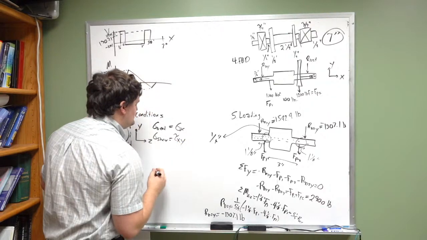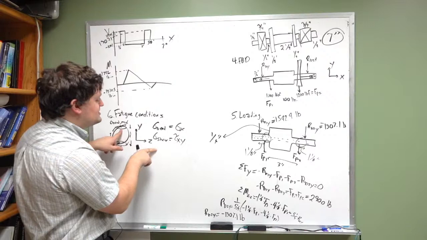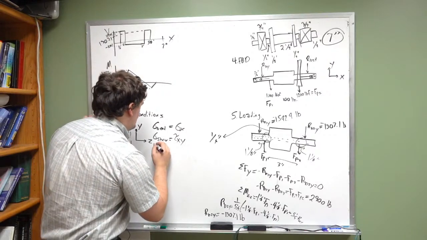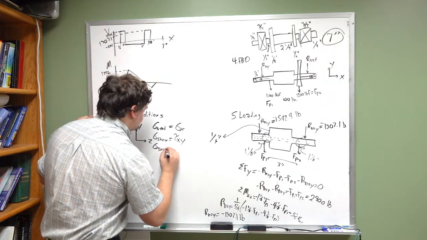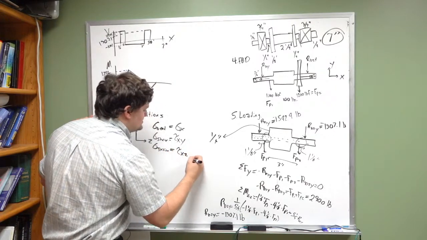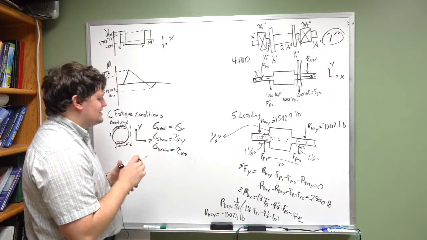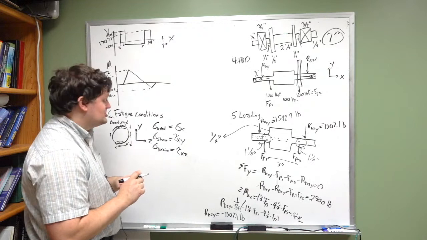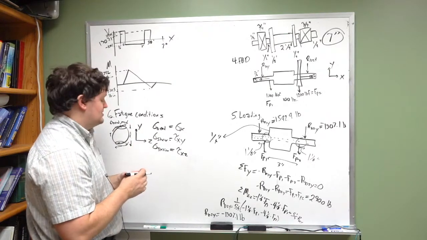Tau xy. And at the top and bottom here, this is pointing in the z direction. So our stress that's caused by torsion is going to be equal to tau xz. Now this isn't necessarily a planar condition, but we'll play with it anyways.